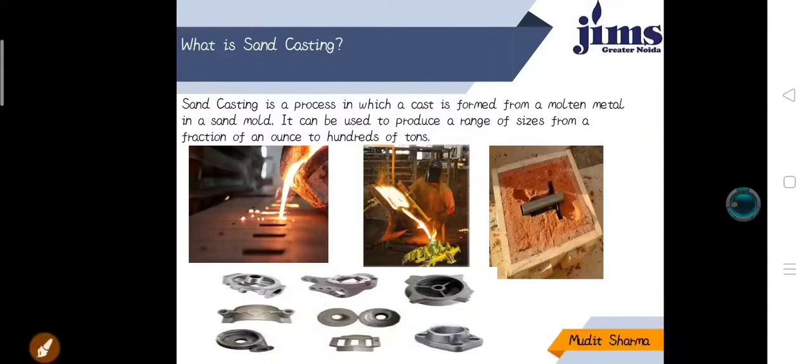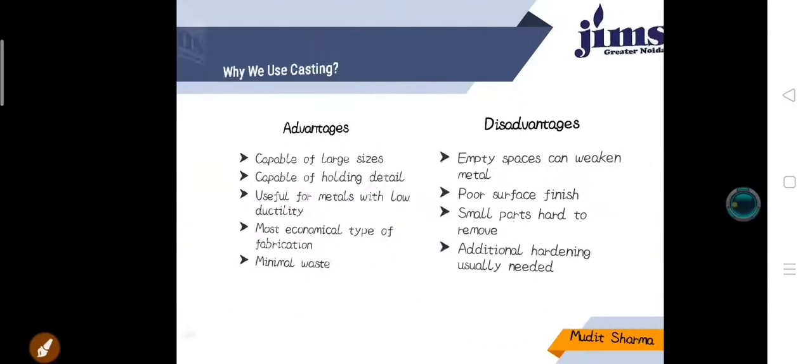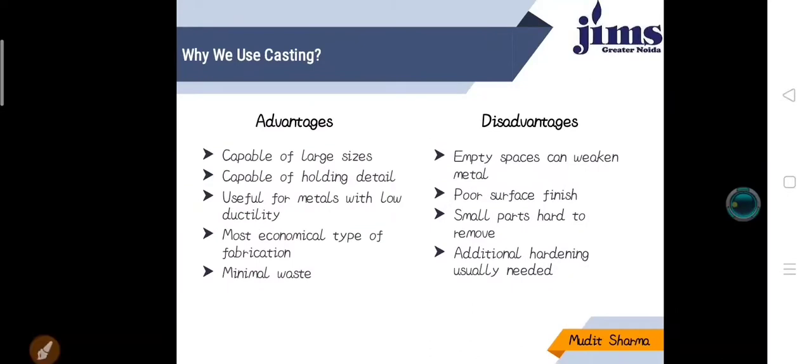Now, what are the common merits and demerits of casting? Casting is capable of producing large sizes. It is capable of holding intricate detail, useful for metals with low ductility, and is the most economical type with minimal waste. Molten metal can flow into small sections. It is possible to cast almost any material, ferrous or non-ferrous.